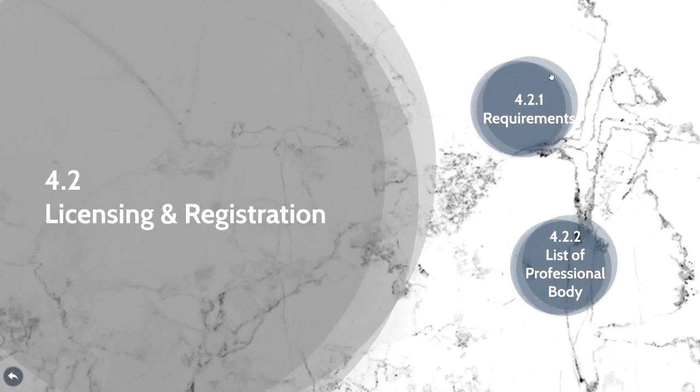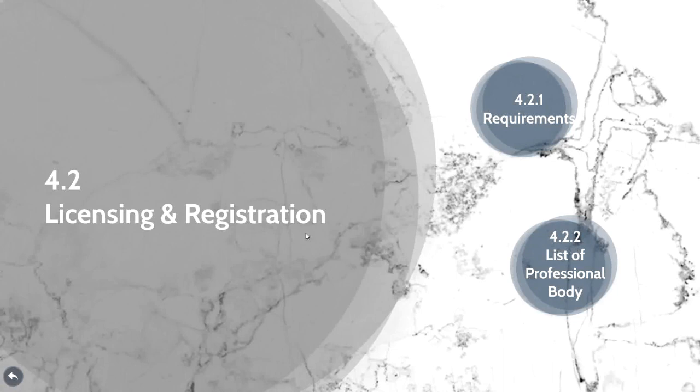So firstly, in 4.2.1, a brief explanation of the requirement, which is the qualification to be registered as a graduate engineer according to BEM, is given. Other than that, under 4.2.2, knowledge of the list of professional bodies which are signatories of the Washington Accord is also given.